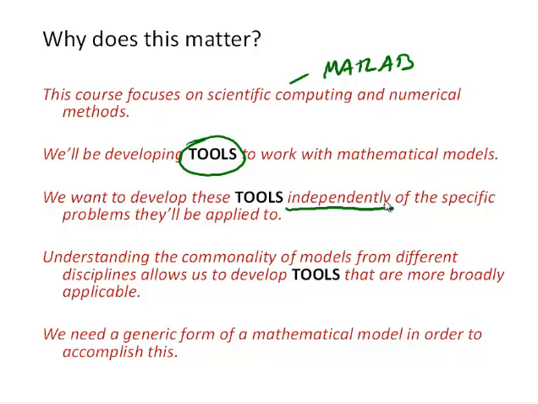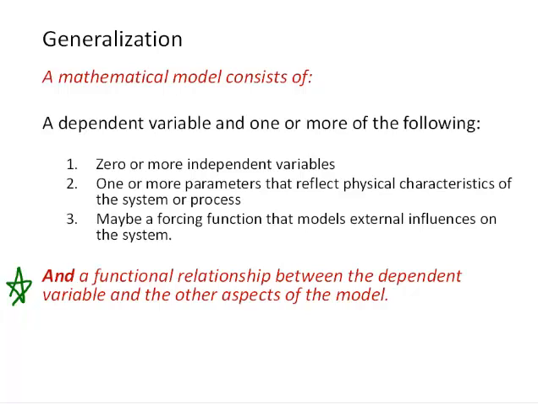So we want to understand the commonality of models from different disciplines, and that allows us to develop more broadly applicable tools. So instead of thinking, how are we going to develop a model to work for the spring mass oscillator problem, we can think about how are we going to develop a model that handles a dependent variable, 0 or more independent variables, 1 or more parameters, and that accounts, where applicable, for a forcing function, if that might be part of the mix.